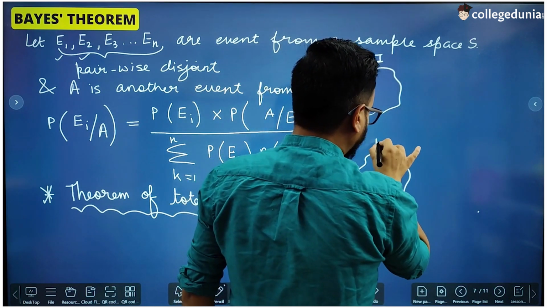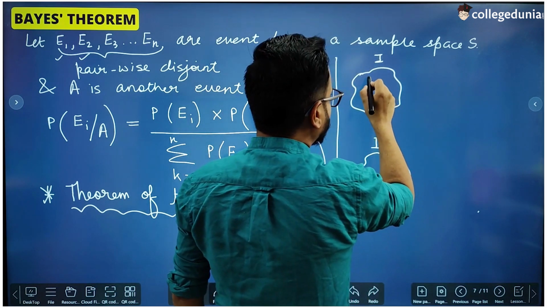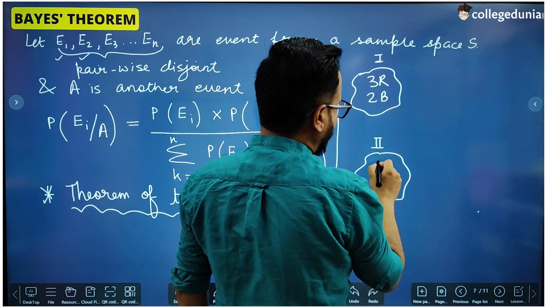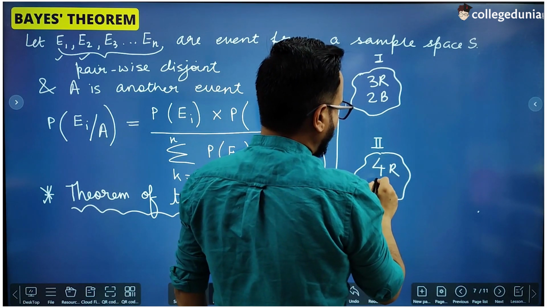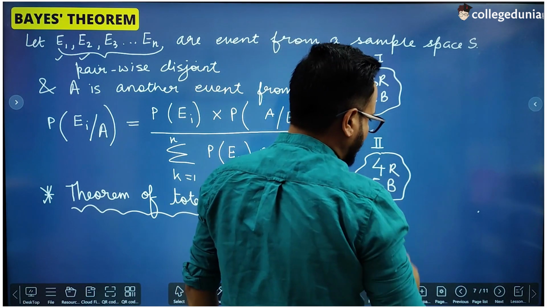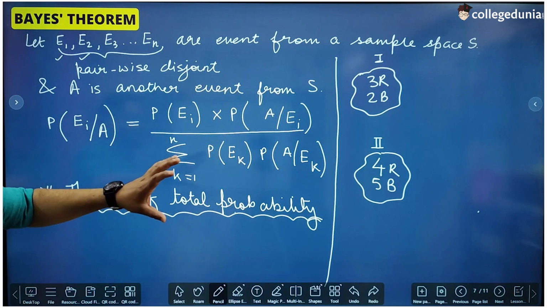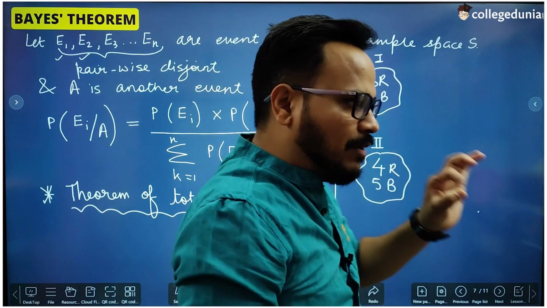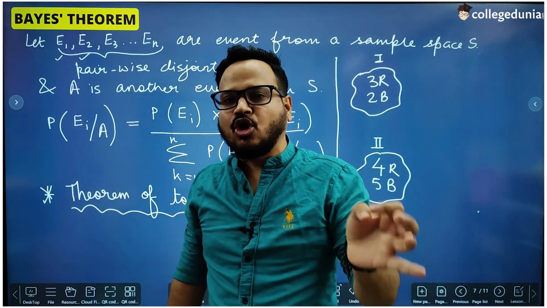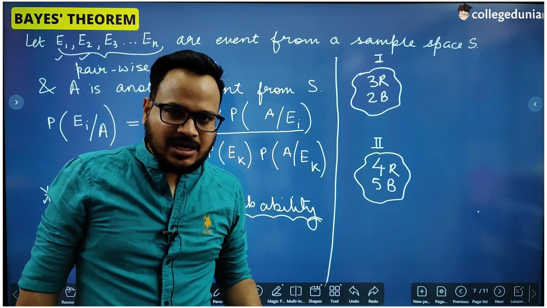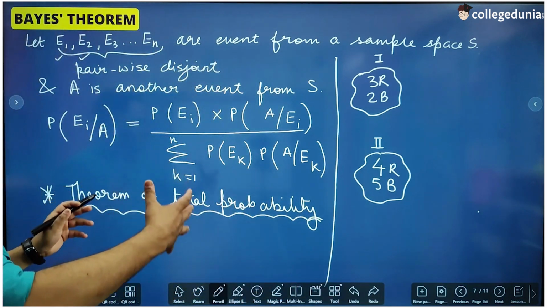Let us say that bag 1 contains 3 red and 2 black balls, and bag 2 has 4 red and suppose 5 black balls. Okay, what is the question? Question is, suppose we have selected one bag at random and we have drawn a red ball from the bag. What is the probability? We do not know which bag is selected.